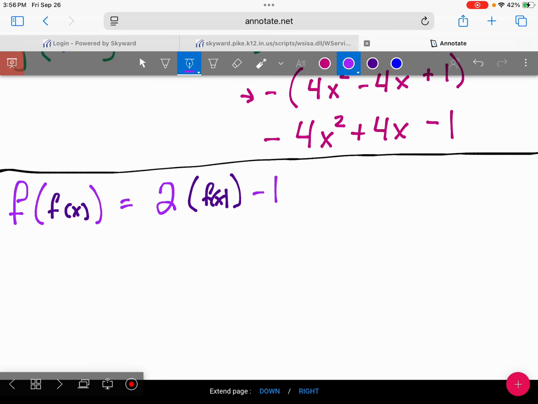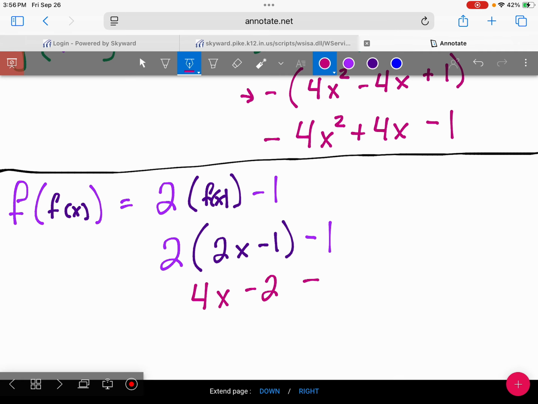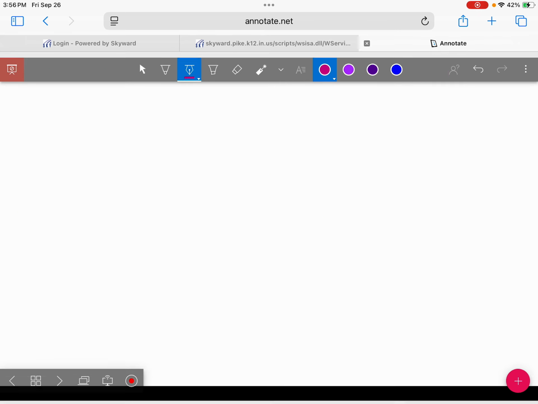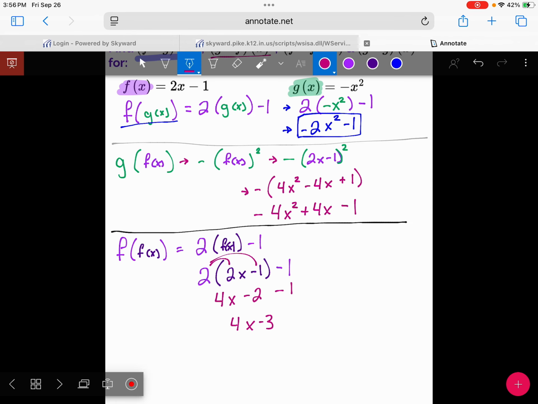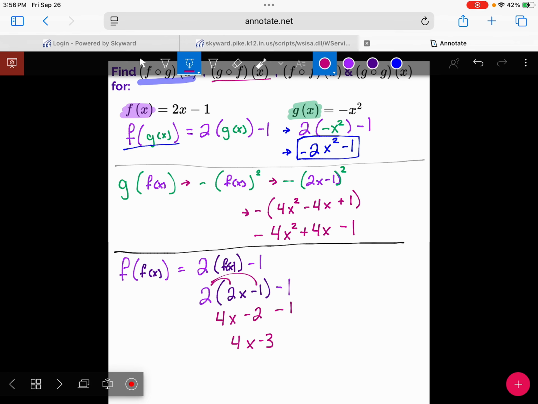So when we come down here, this is going to be 2 times 2x minus 1, minus 1. It's that same f of x, we're just putting it in place of this x as well. So that's going to give us our 4x minus 2 minus 1 when we distribute this 2 in. So simplifying that out, we're going to have 4x minus 3. So our f of f of x is going to be 4x minus 3.